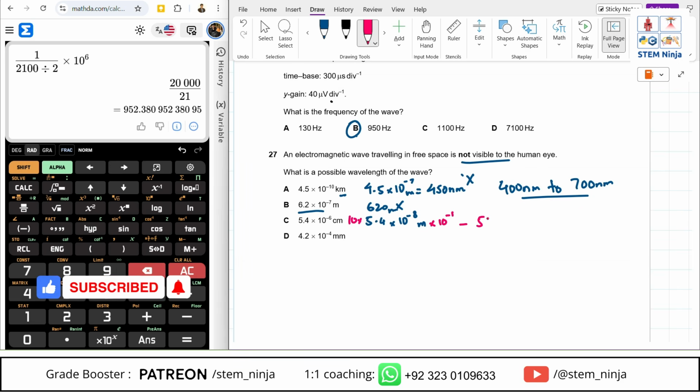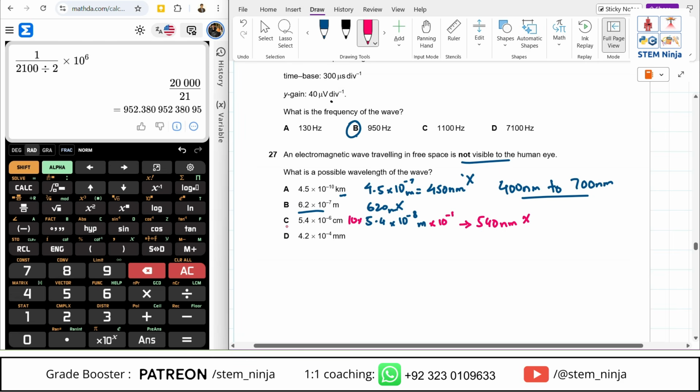So this becomes 540 nanometers. Again, this is part of the visible spectrum. Now, all first three are not part, so this means that this would be the correct.